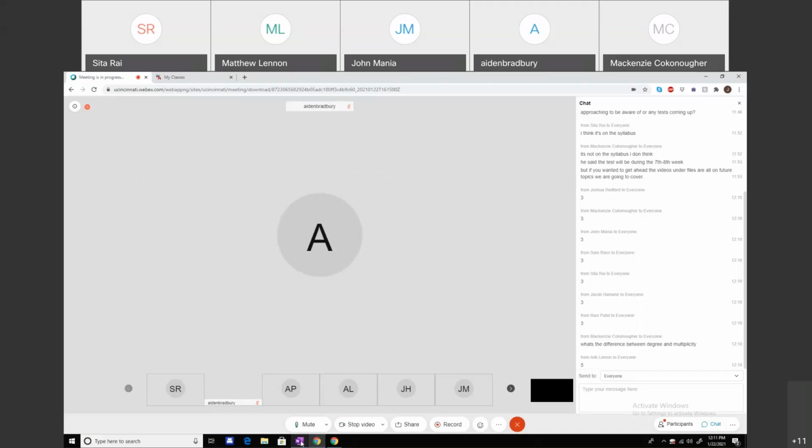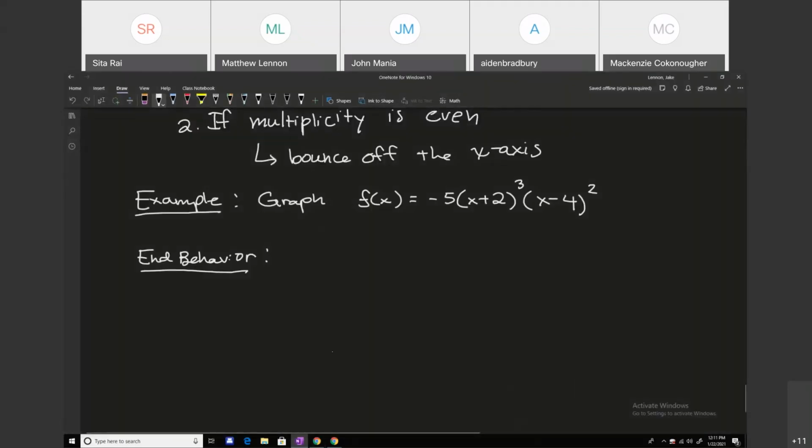Okay, the answer is actually 5. And remember, the leading coefficient here is -5, and the degree is actually 5. So why? Well, imagine if you had -5 times x plus 2 cubed, which is a degree 3 polynomial if you expand it, and x minus 4 squared, which is a degree 2 polynomial. So if you had -5 times x to the third times x squared, this would actually be -5x to the fifth.